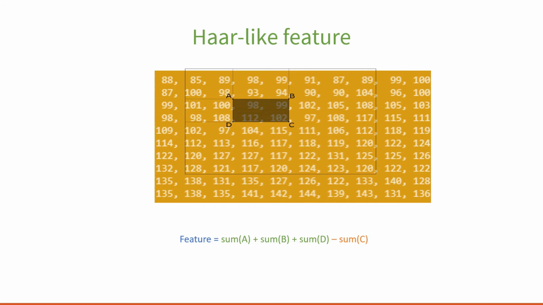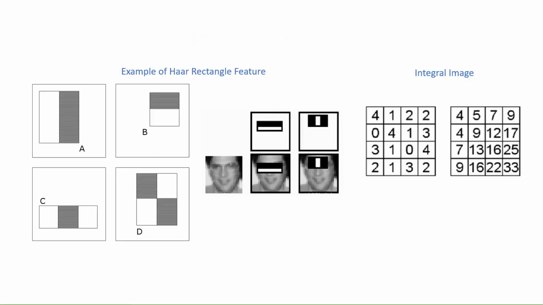This is just a number, obtained by adding the information inside A, B and D, then subtracting C. This is one feature in Haar-like. Like this we will have a lot of Haar rectangle features.